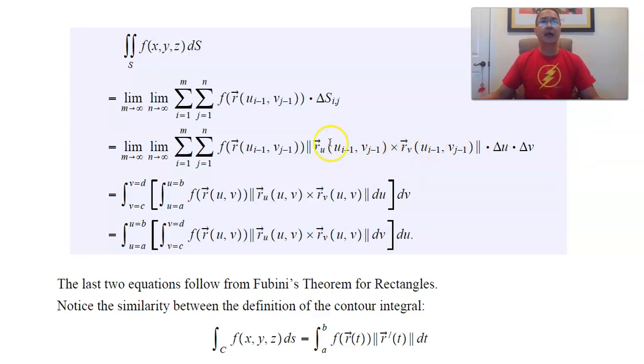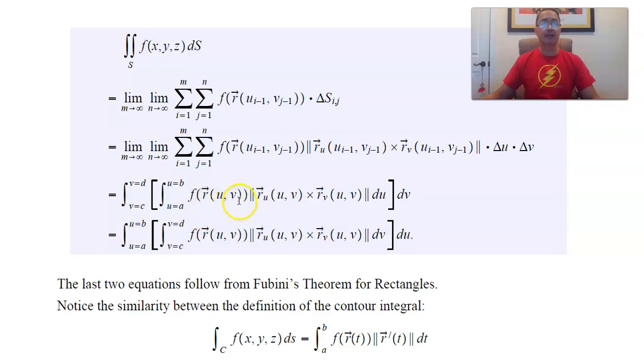By the power of the fundamental theorem of calculus, also generalized into Fubini's theorem for rectangles, this double limit of a double sum turns into the double integral. So u will go from a to b in our inner integral, v will go from c to d in our outer, or backwards. Fubini's theorem says they're the same.